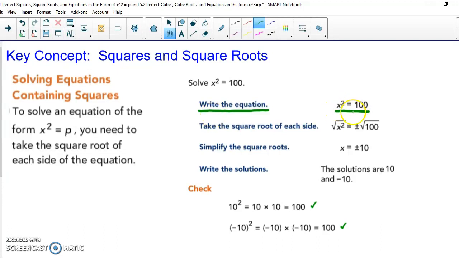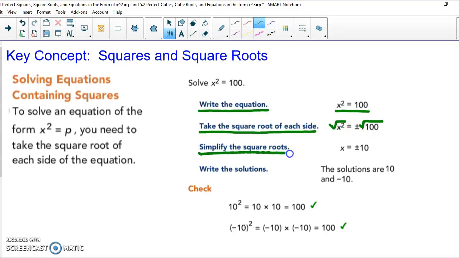So we start with our given equation, x squared equals 100. We want to solve it. In other words, we want to know what x equals. My next step is to take the square root of each side, which I can show by simply putting the square root bar over each side. Notice over here that we have indicated that the solution could be positive or it could be negative.